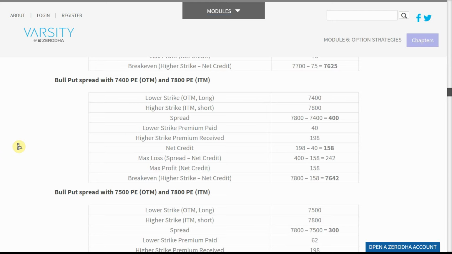Higher strike premium received 198. Net credit: 198 - 40 equals 158. Max loss: spread - net credit, 400 - 158 equals 242. Max profit: net credit, 158. Break-even: higher strike - net credit, 7,800 - 158 equals 7,642.